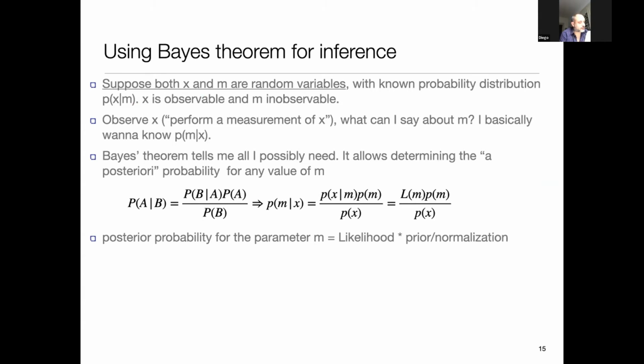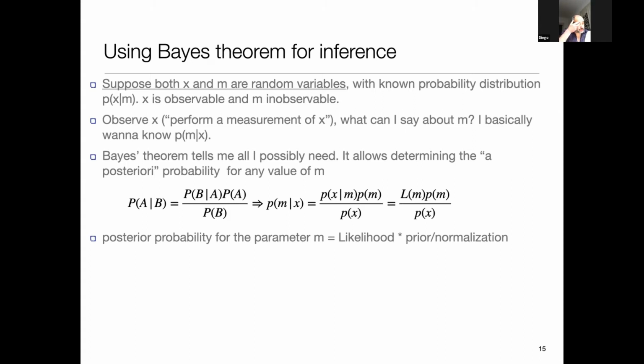So if both X, the data, and M, the parameter we're trying to estimate, are random variables, and you have a model for them, P of X given M, where X is the data you observe and M is the parameter you want to estimate, then you can certainly use the Bayes theorem and you will have the most complete and precise inference you can get.